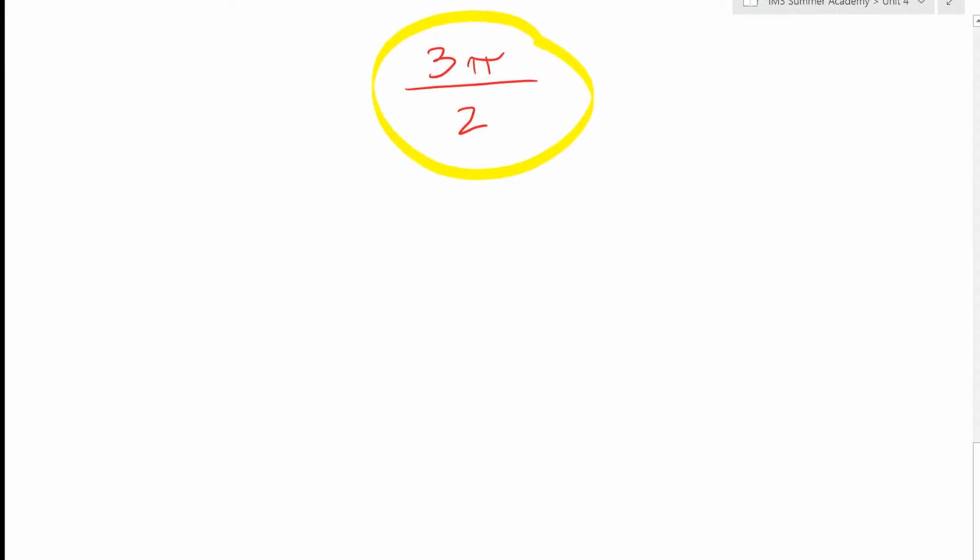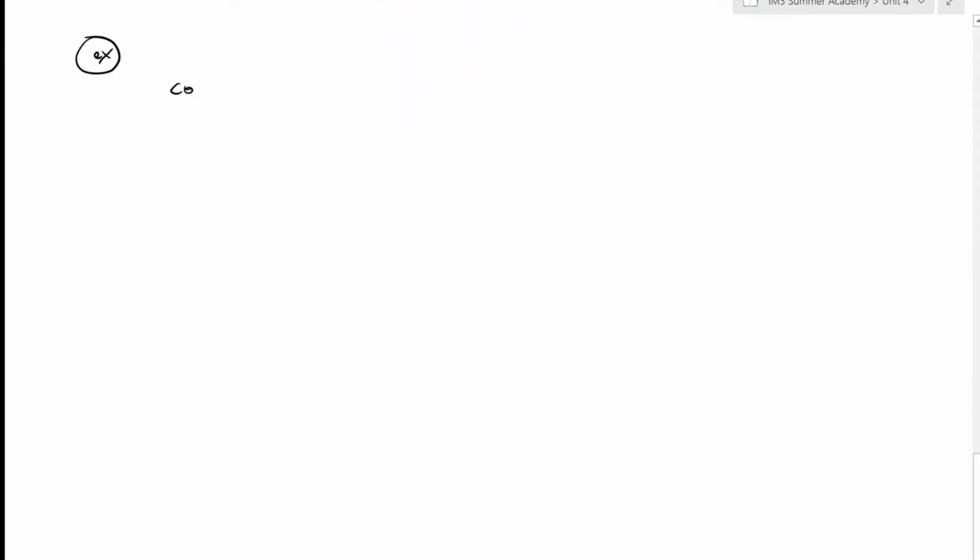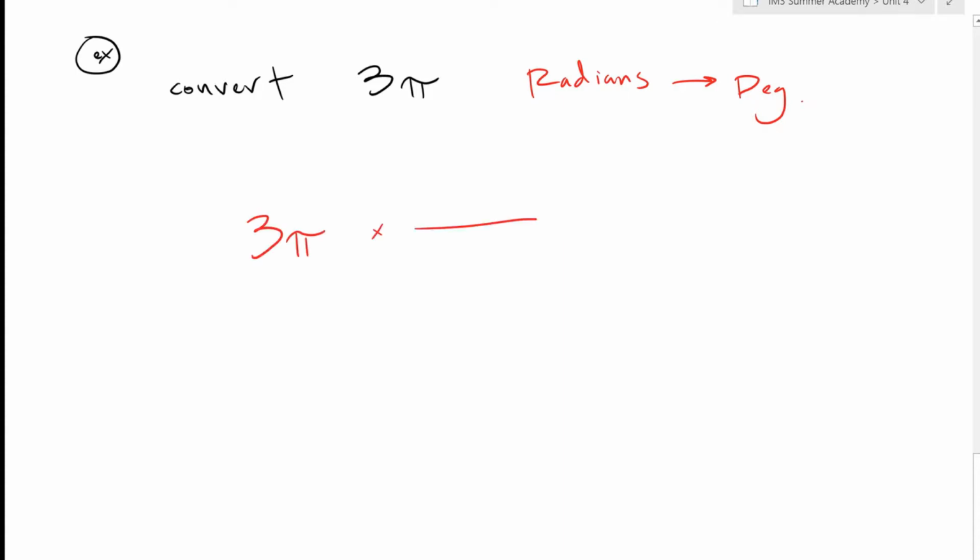Alright, let's take a look at another one. So now, they're going to tell us to convert 3 pi. So obviously this time with pi in it, there's no degree symbol. This is in radians. So they want us to go to degrees. So when it's happening like this, we take 3 pi and we're going to multiply by the opposite, by 180 degrees over pi.